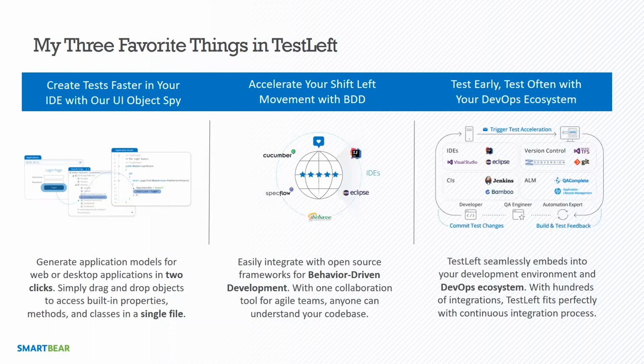Somebody also asked about what's the difference between leveraging an open source tool and a tool like TestLeft. So that's really the big benefit, the first one you see on the screen. We have this great Object Spy that allows you to essentially maintain all of your properties, methods, and classes in one single file.